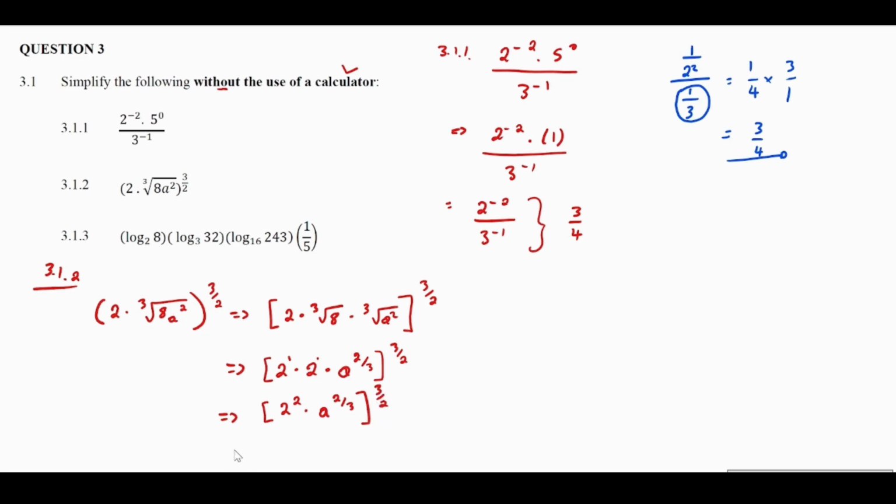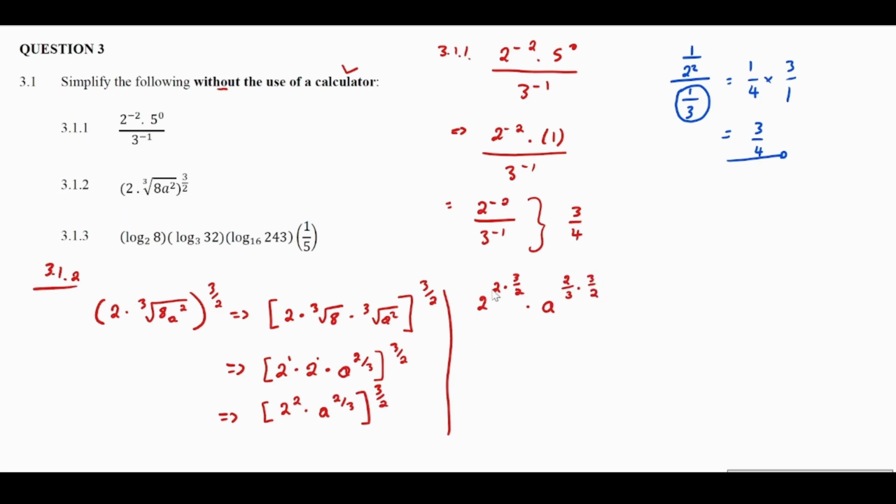Now you can multiply. Removing the brackets, you're going to have 2 to the exponent of 2 multiplied by 3 over 2, multiplied by a to the exponent of 2 over 3 multiplied by 3 over 2.